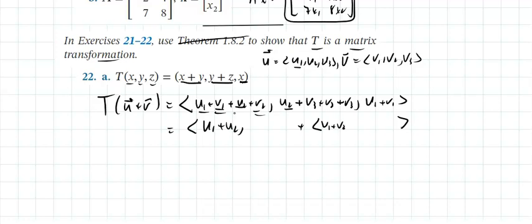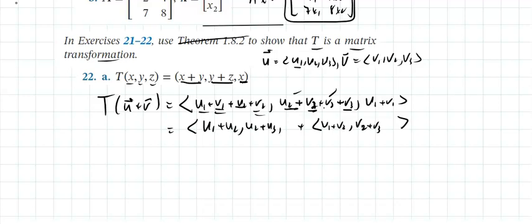And for the second, it should be u2 plus u3 plus v2 plus v3.